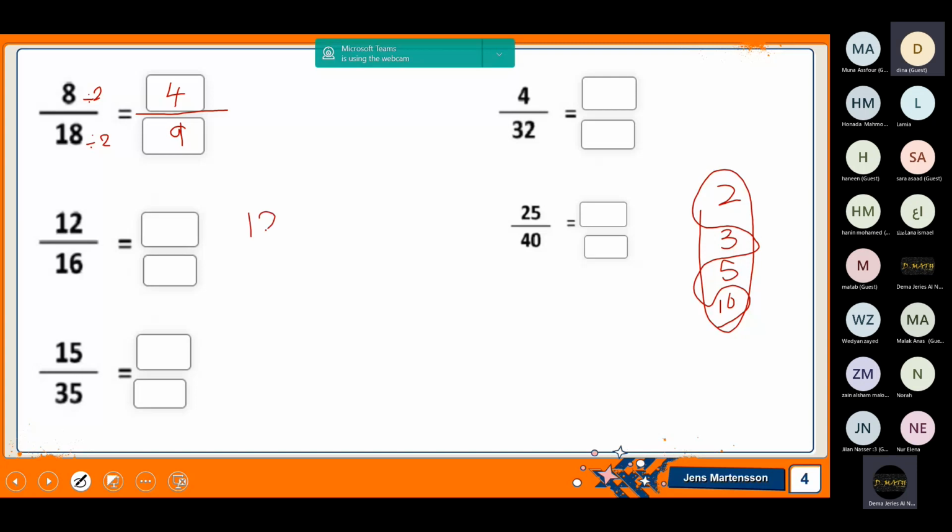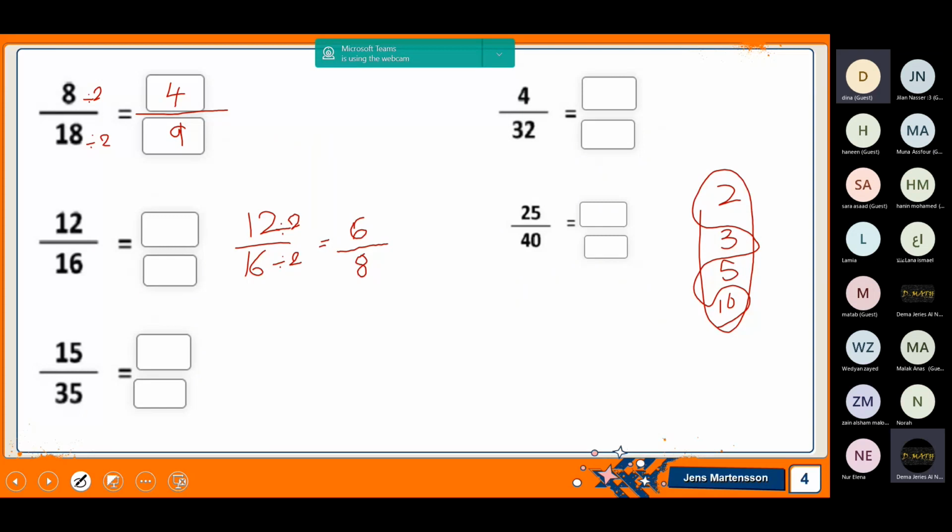So that means I can divide them by 2. 12 divided by 2 is 6. 16 divided by 2 is 8. Good job. Now look at 6 and 8.